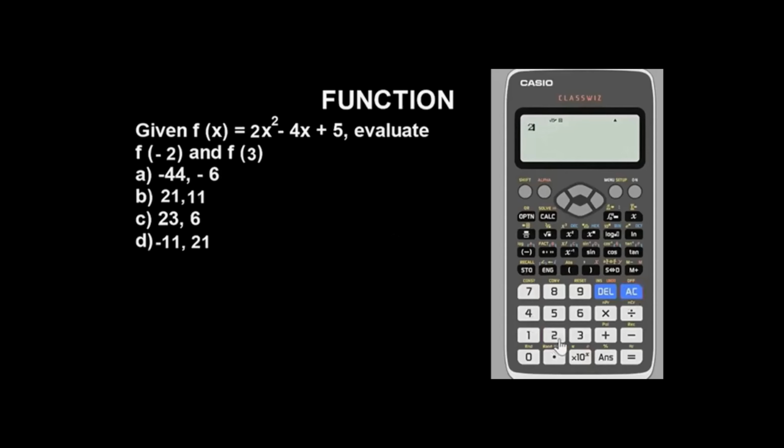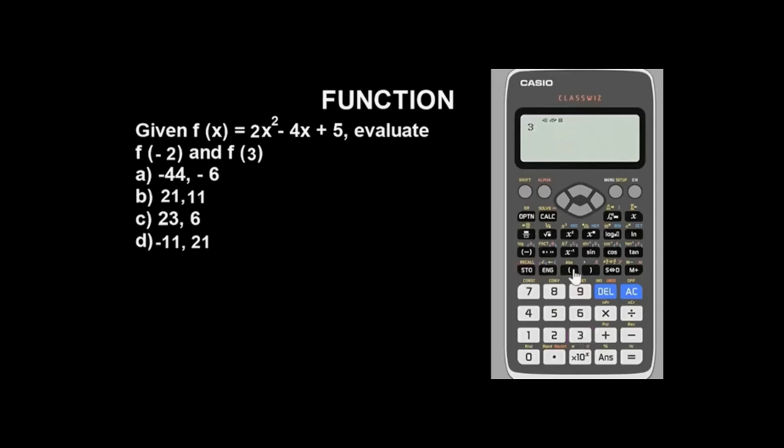So we're going to have 2 alpha x square minus 4 alpha x plus 5, equal to 21. Now that's for when x is -2, but what of when x is 3? We clear it again and store x as 3.